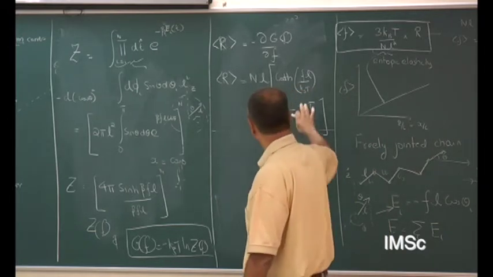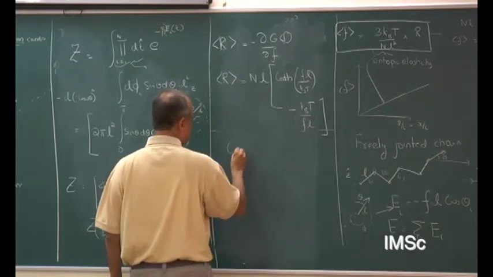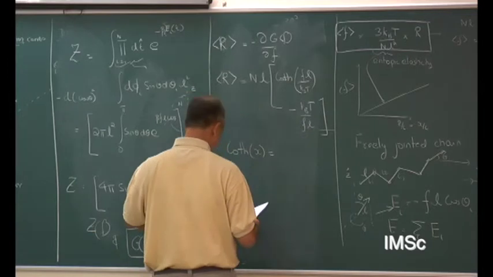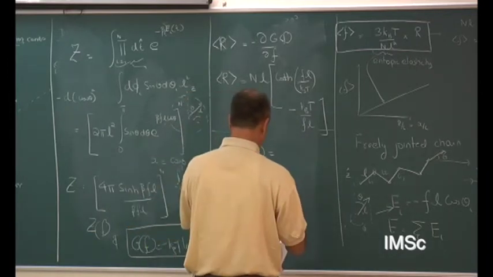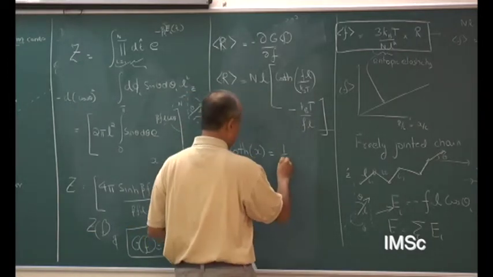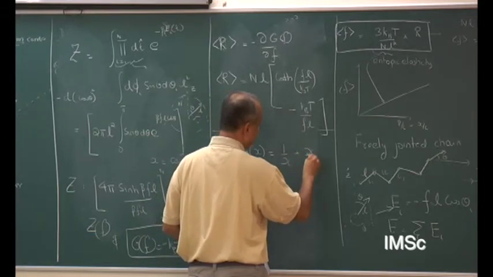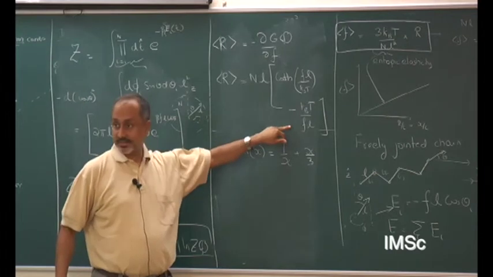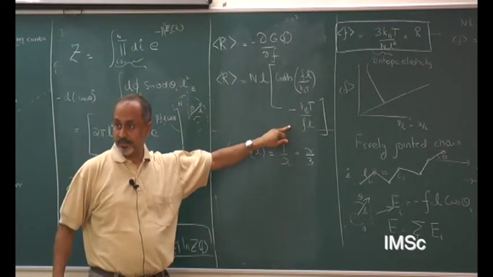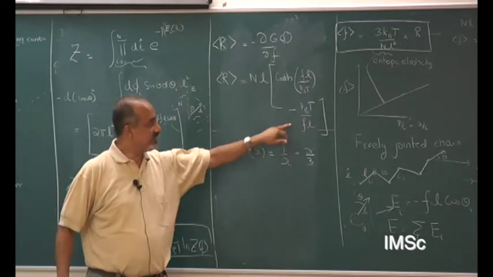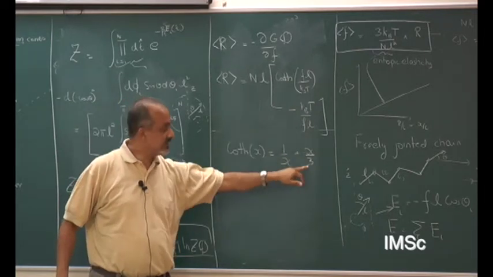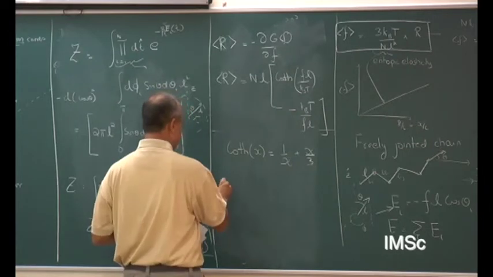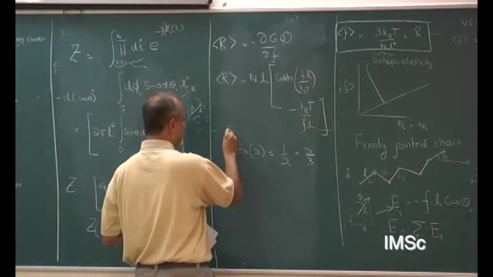For very small argument, the cotangent hyperbolic of an argument x is 1 over x plus x divided by 3. The 1 over x gets rid of this factor here. The next factor is x divided by 3. This is for small x.